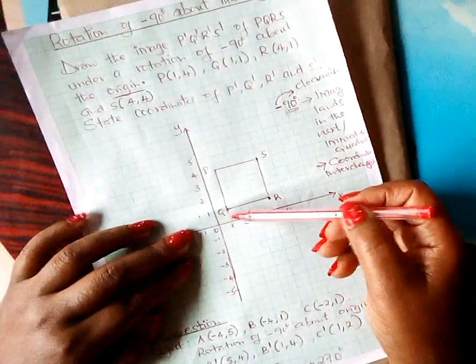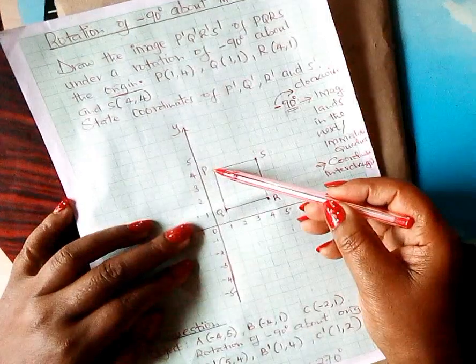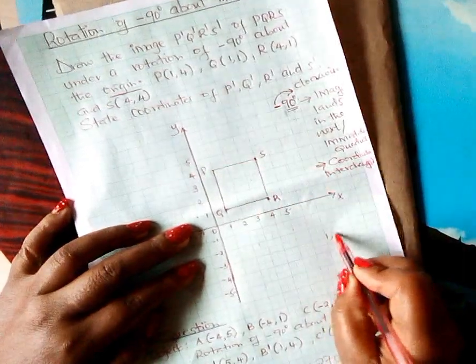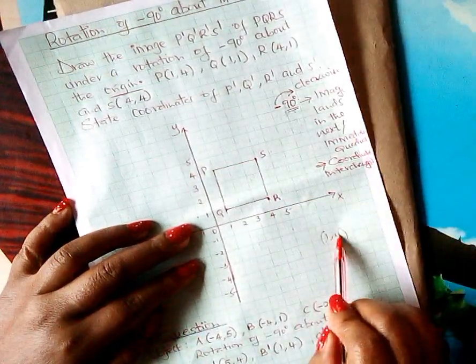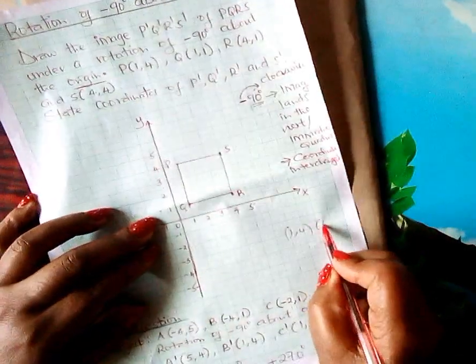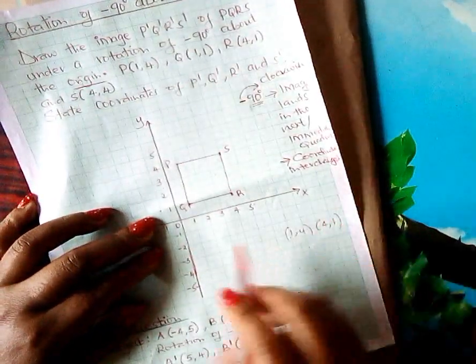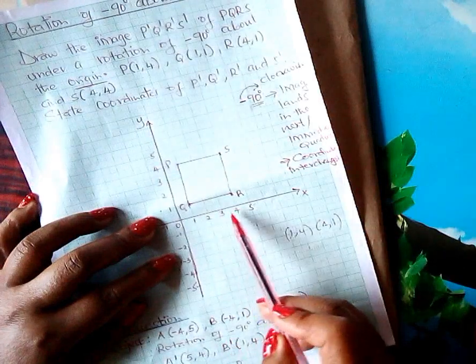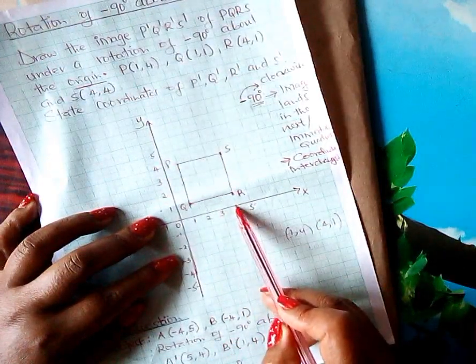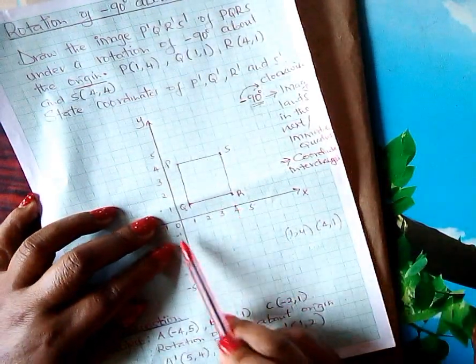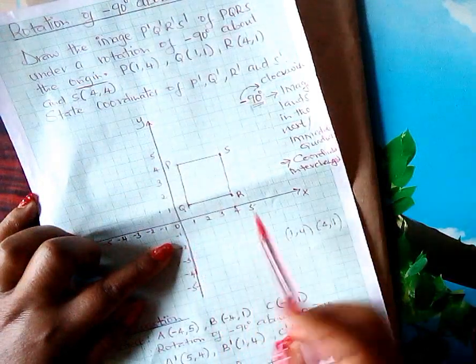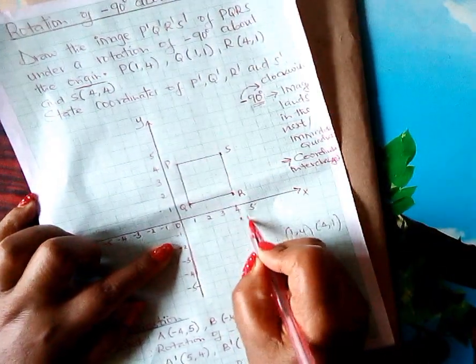So let us start with this one. P is at (1, 4), learner. So you just interchange. You say (4, 1), but you now look at the y-axis. 4 is there and 1 is here, but now it is negative. So P prime comes there.